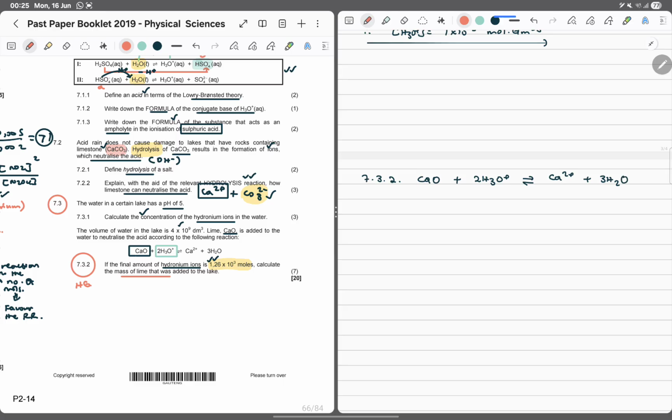Now all we can see here, guys, is that 1 mole of calcium oxide reacts with 2 moles of the acid. So we can simply say now, here, the number of moles of the calcium oxide, because this is what we want, right? So, number of moles of the calcium oxide.